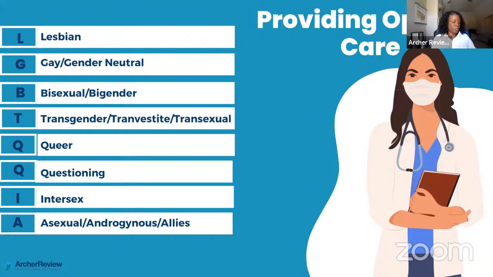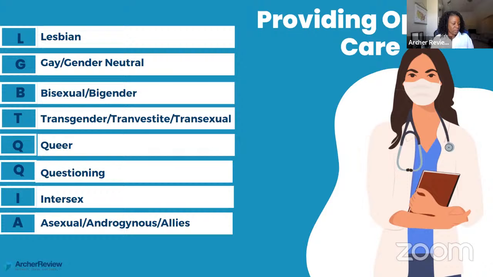Queer is an umbrella term. It's used by some to describe people who think of their sexual orientation or gender identity as outside societal norms. And some people view the term as more fluid or inclusive.